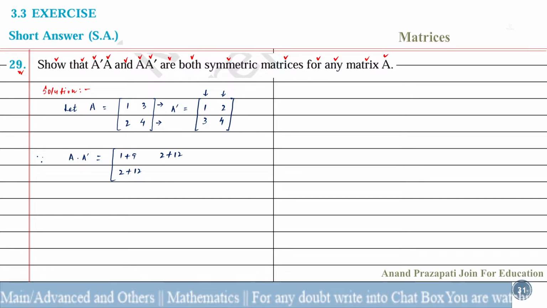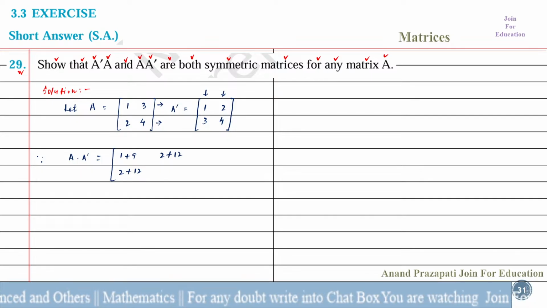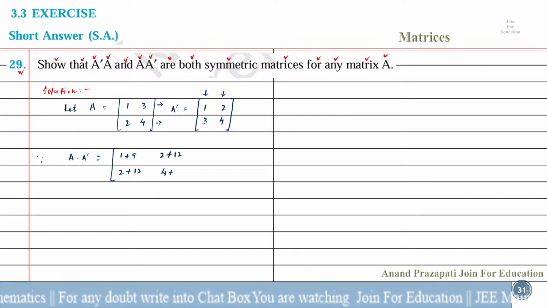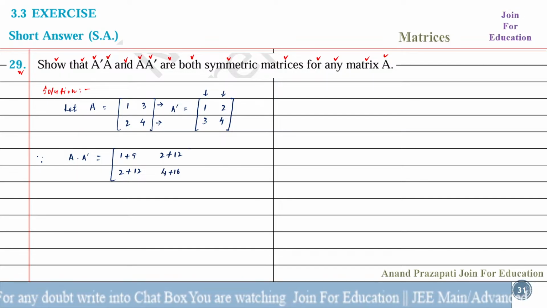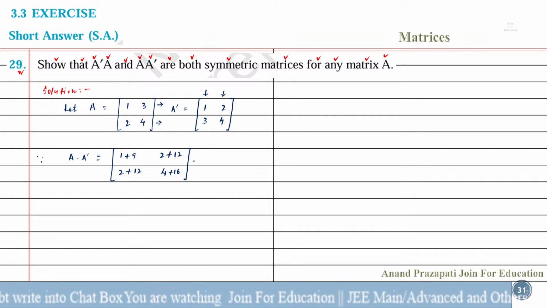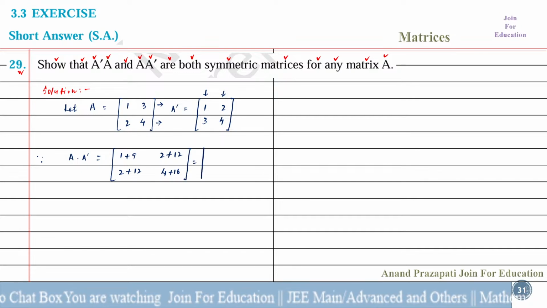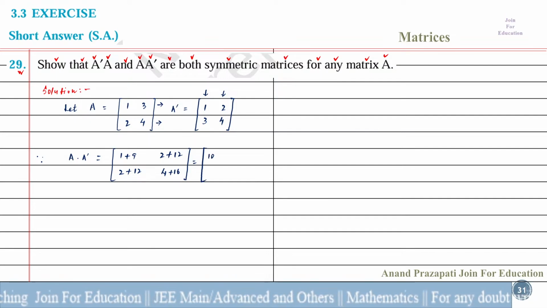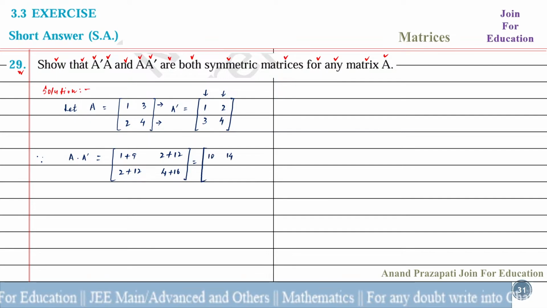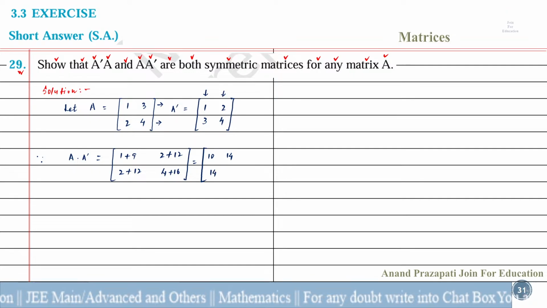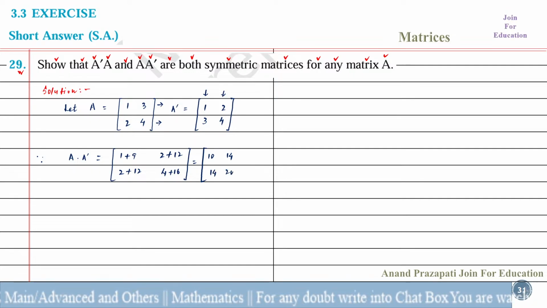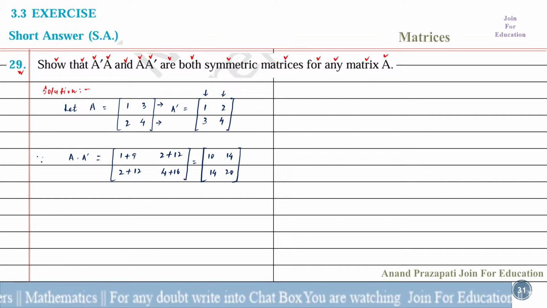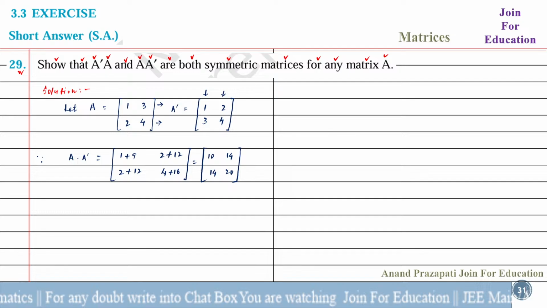And 2, 4 multiplied by the corresponding element of 2, 4, then we get here 4 plus 16. Equal to this one will be 10 and 14, and here is 14 and 20. Hope there is no problem to understand up to this step.